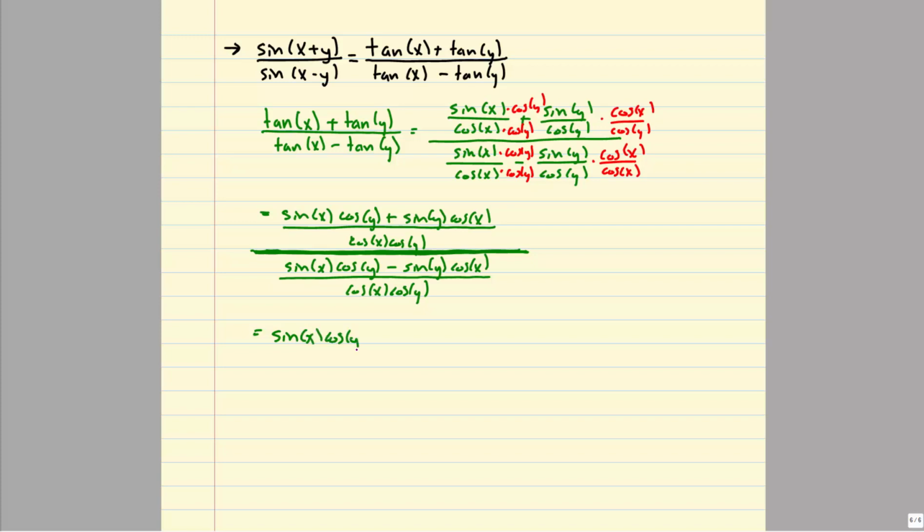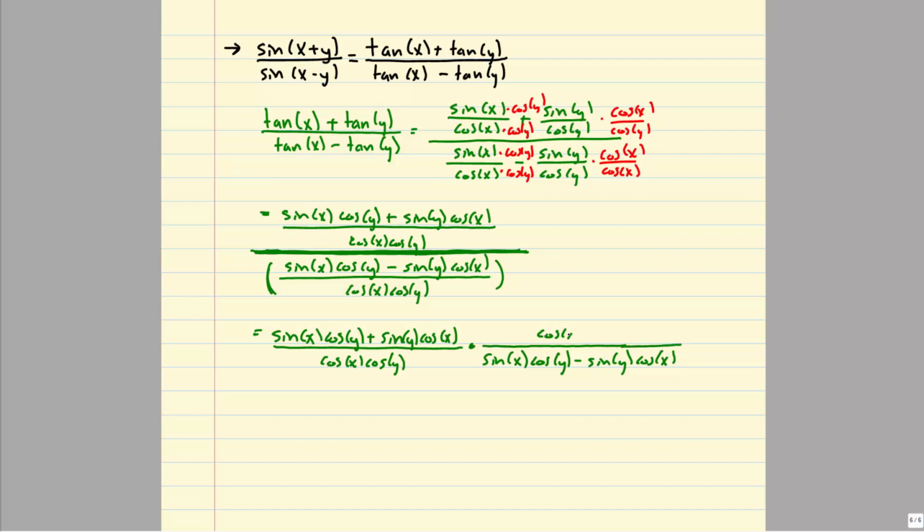So I'll have sine x cosine of y plus sine y cosine of x all over cosine x cosine y. And we're going to flip this and multiply. So we're going to divide by this fraction in the denominator, but when you divide by a fraction you multiply by the reciprocal. So this sine x cosine y goes to the bottom, minus sine y cosine x, and in the top we'll have cosine x cosine y.